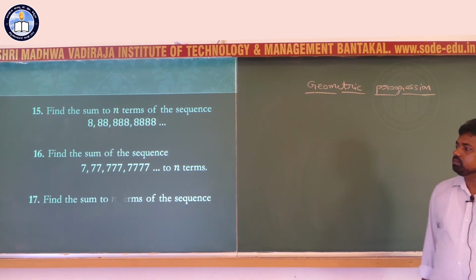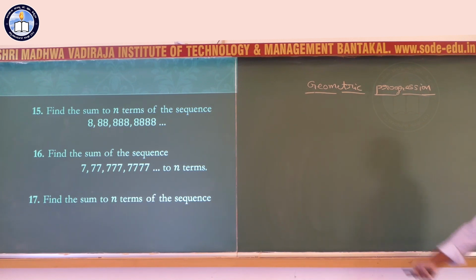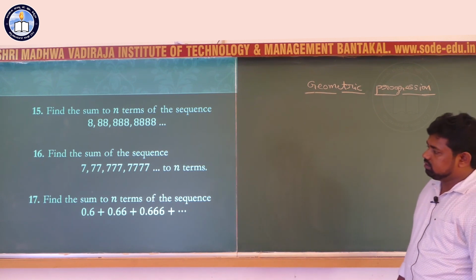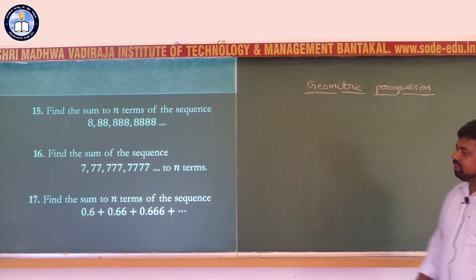Next problem. Find the sum of n terms of the sequence 0.6 plus 0.66 plus 0.666 up to n terms. It is similar but a little bit of change.